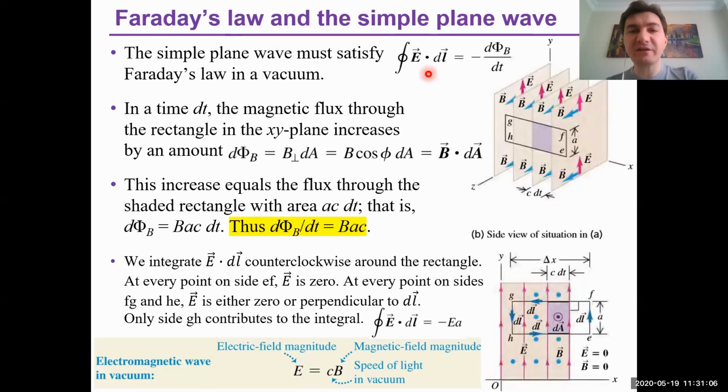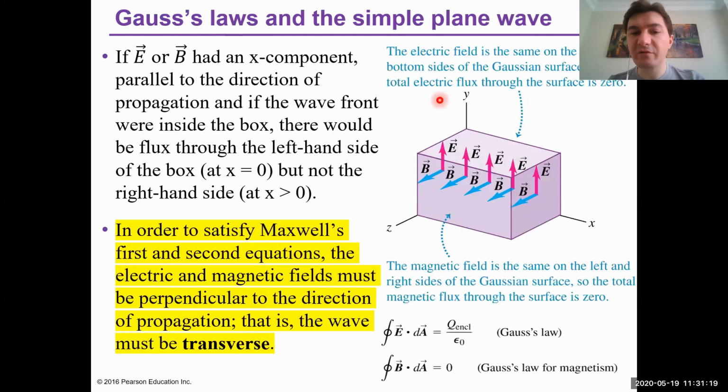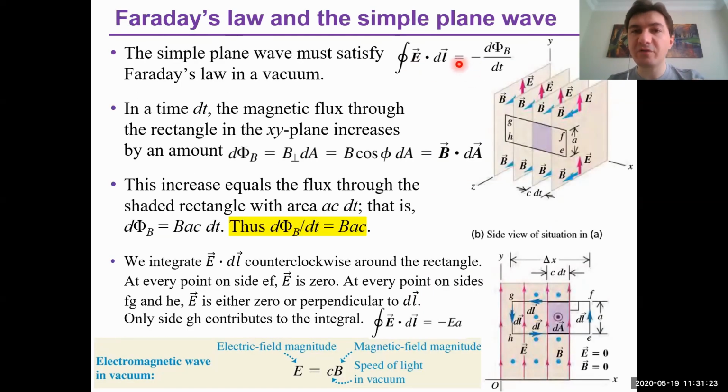What we have here, this is the Faraday's law. You remember E dot dl. This is closed surface, but we have line integral. Don't forget, this was a surface integral, but this is line integral, which is equal to minus the change in the magnetic flux as a function of time.